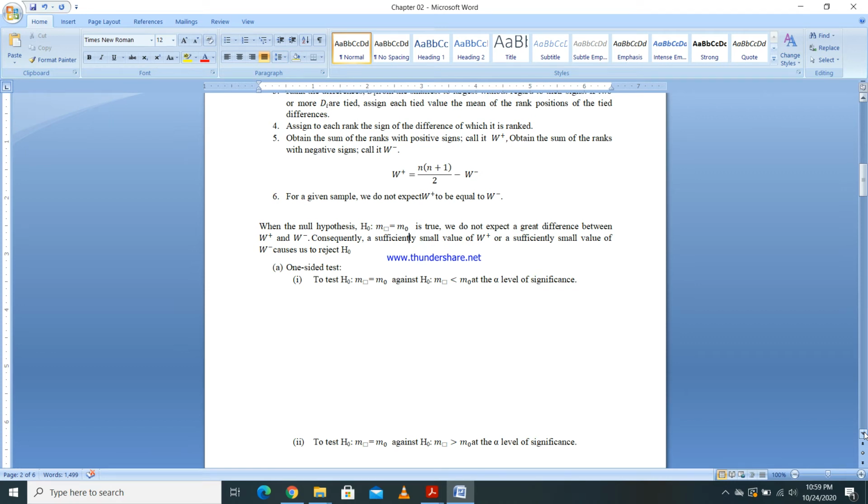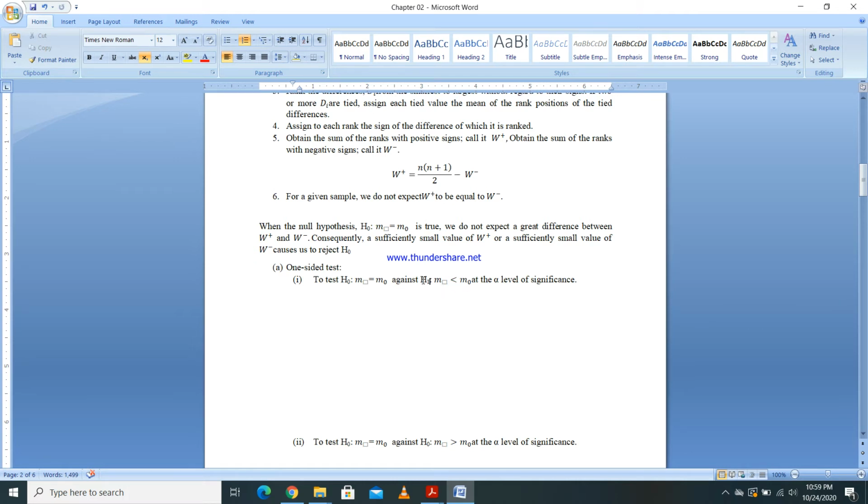As I told you, as in the sign test, we can conduct a one-sided test or a two-sided test using the Wilcoxon signed rank test. If it is a one-sided test, we can go with two alternative hypotheses. There's a small typo here, this should be H1.